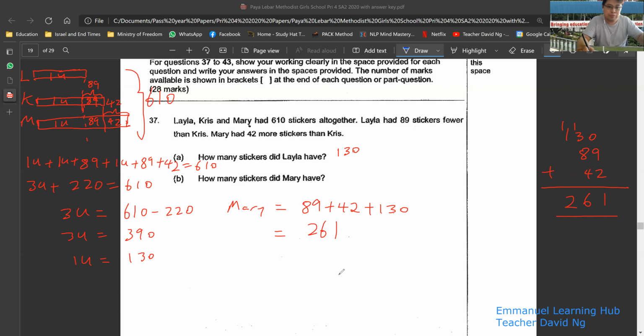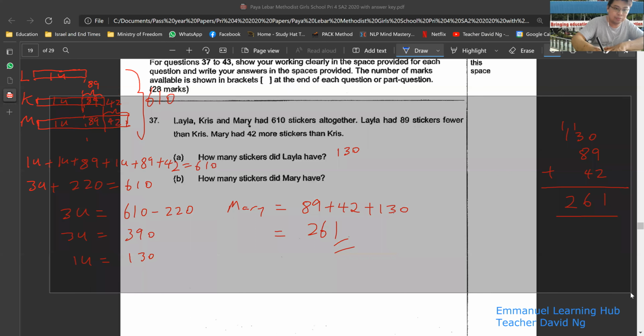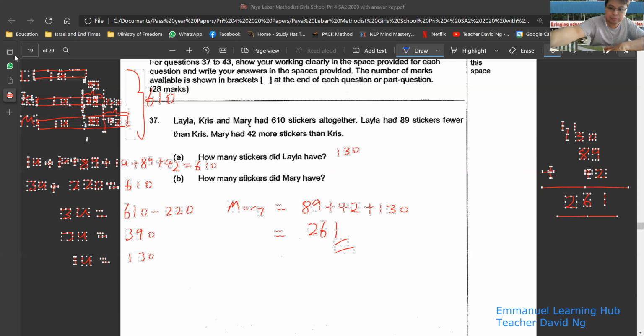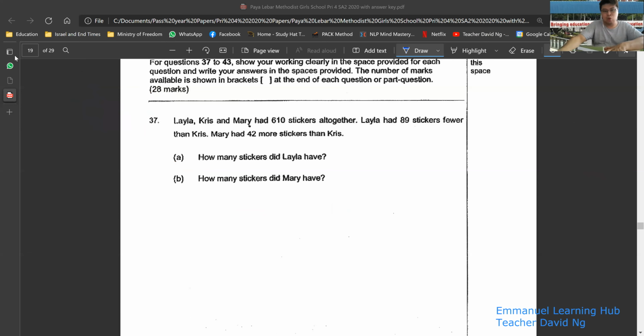So the stickers that Mary has is 261. Is this question clear? This question is not that difficult, right? I believe you know how to do this question already.